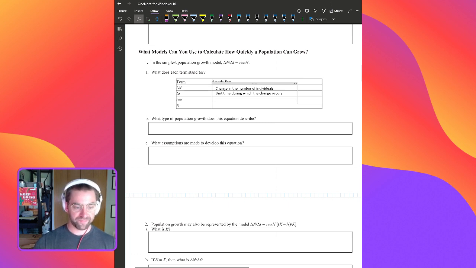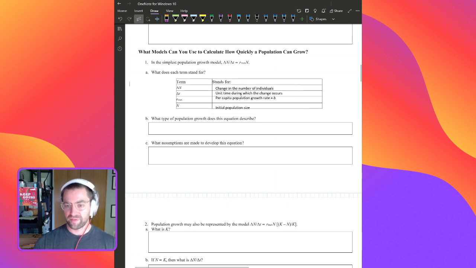R max is the per capita population growth rate. This is sometimes referred to as the variable b, which will become important later. And then capital N, this is our initial population size.